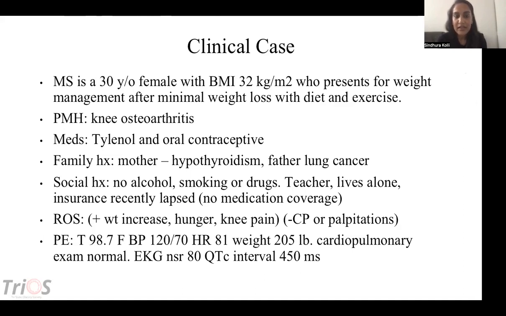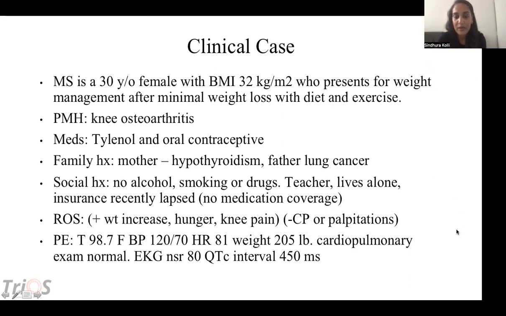Family history is positive for hypothyroidism in the mother and lung cancer in the father. Social history: no alcohol, smoking, or drug use. The patient is a teacher, lives alone, and insurance recently lapsed, which means no medication coverage. The review of systems shows that the patient has positive weight increase, hunger, as well as knee pain.